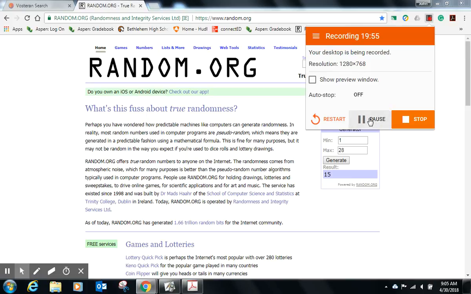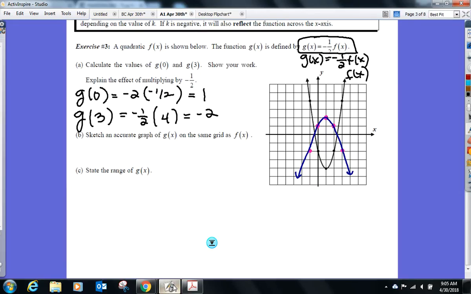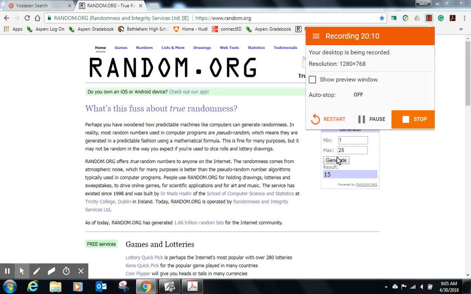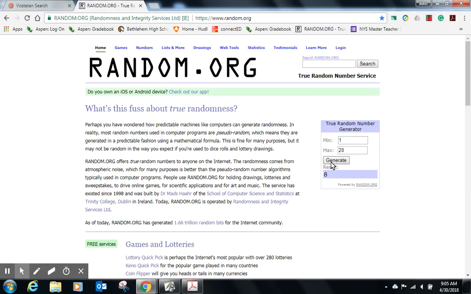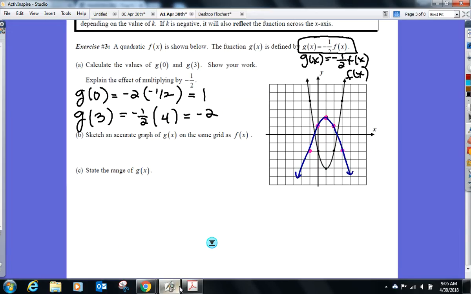Now the range. Be careful on this one. It's a parabola, so it's not going to go from here to here. What's my range now? Y values from what y value all the way down? What do we think? Range.